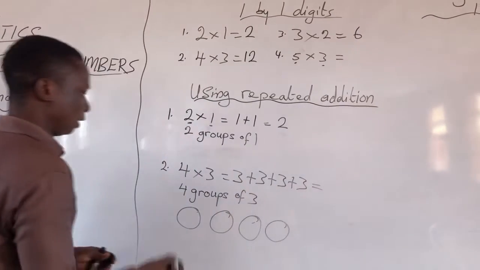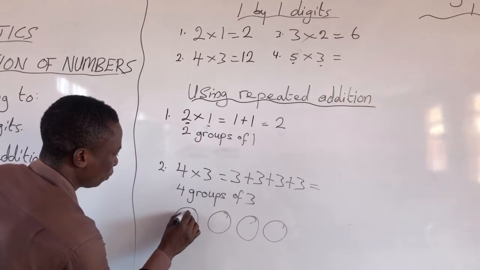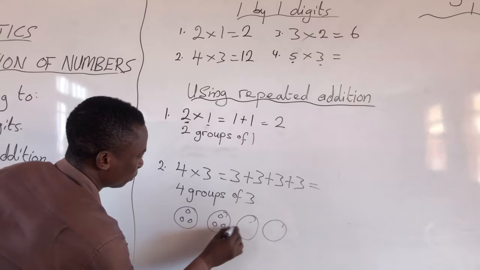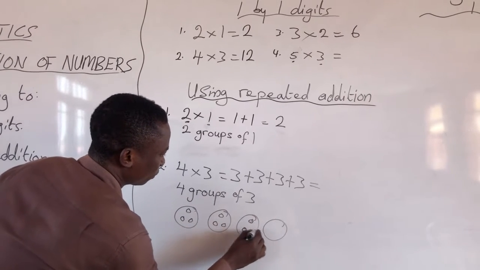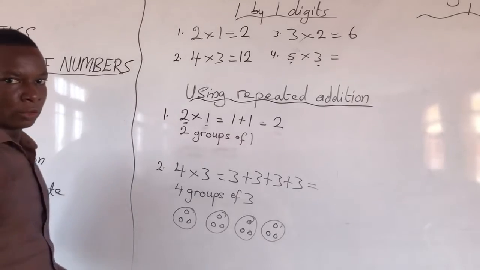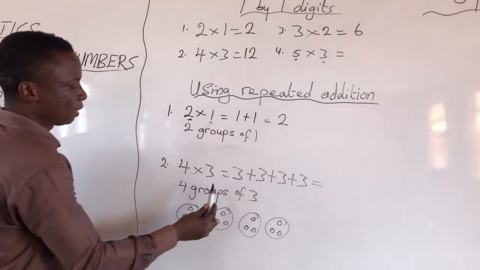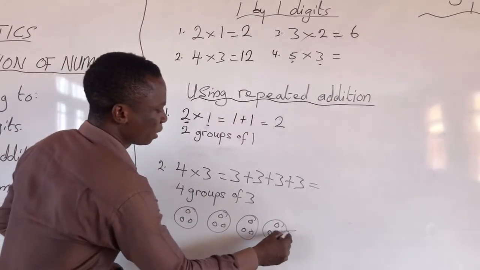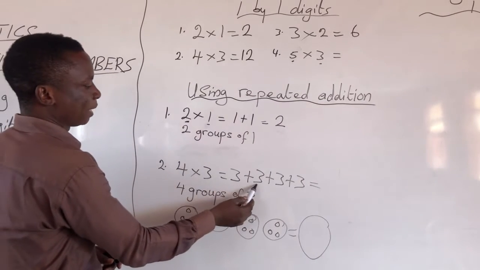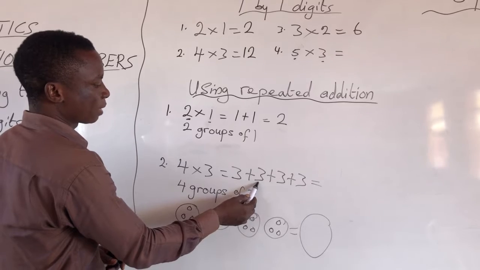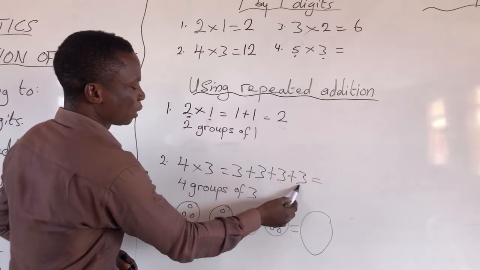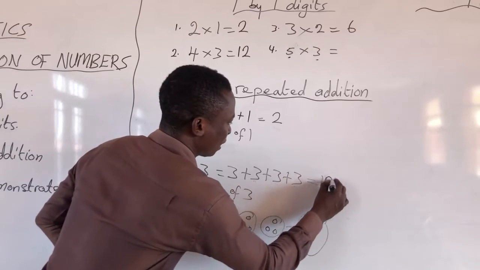This is 3, so each group is 3. Do you get it? Let's add this and see. 3 plus 3 is 6. 6 plus 3 is 9. 9 plus 3 is 12. You write your 12 down.